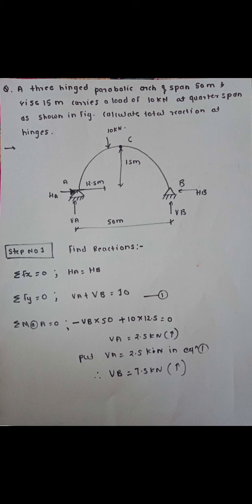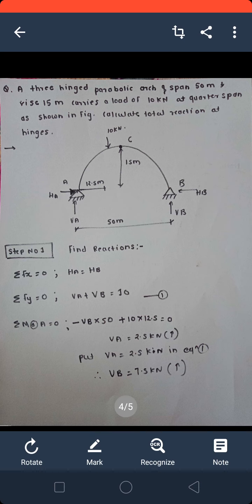Consider this as equation number 1. Now take moment at point A. We will get VB into 50, which is going in anti-clockwise direction, so the sign is negative. Next, plus 10 into 12.5 is equal to 0. By solving this equation, we will get the values of VA and VB.